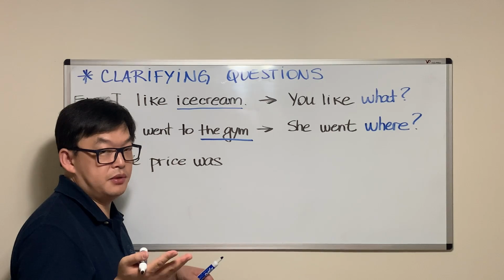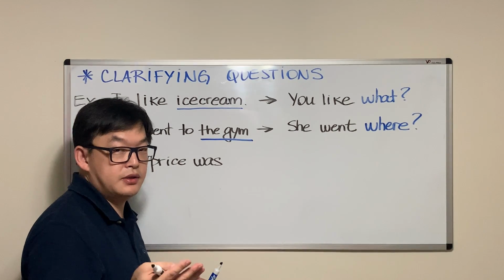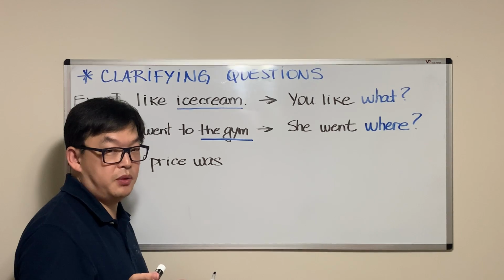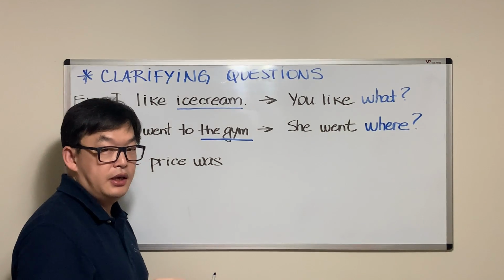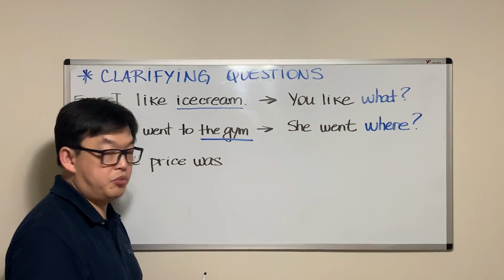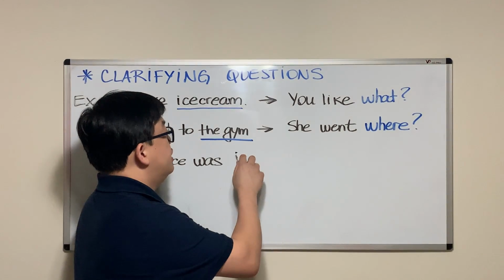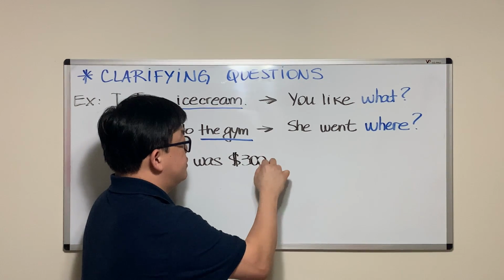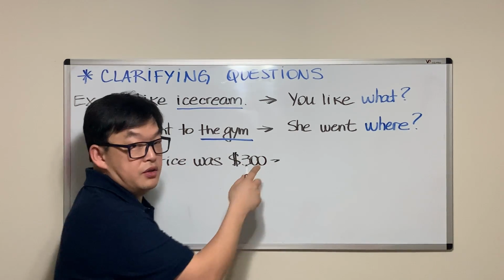It's just an example. I want to make this a practical, realistic situation as possible. So let's say that your wife went to the outlet mall and she got a handbag, and she tells you the price. And you say, the price was 300 bucks. And you know this is possible, right?